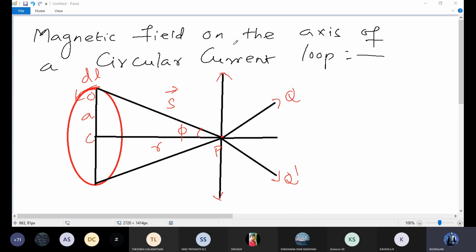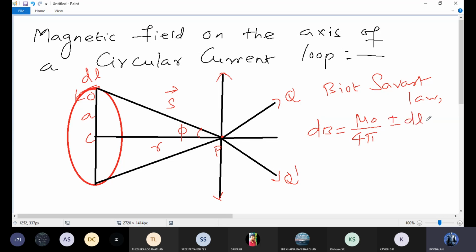Consider a circular loop of wire of radius A, carrying current I. We wish to find the magnetic field at an axial point P at a distance R from it. dB is equal to mu naught divided by 4 pi, I dl sin theta divided by R square.